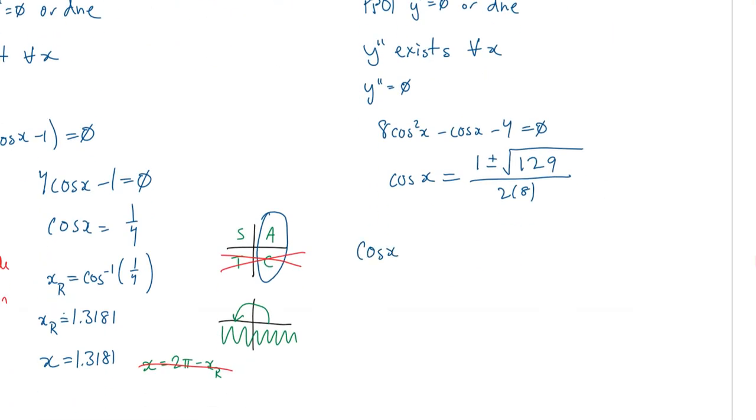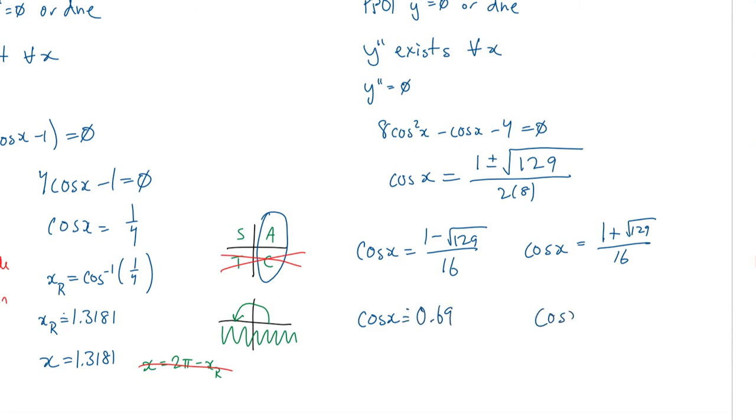So cos x equals 1 minus root 129 over 16, and cos x equals 1 plus root 129 over 16.